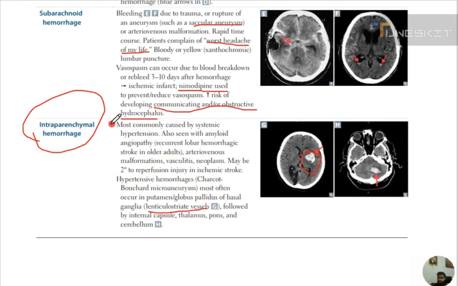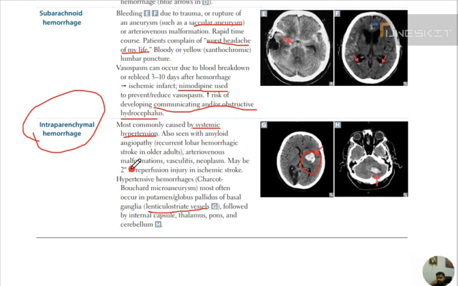So let us read the text. Most commonly caused by systemic hypertension. Yes, important, systemic hypertension. Also seen with amyloid angiopathy, recurrent lobar hemorrhagic stroke in adults, arteriovenous malformation, vasculitis, neoplasm.